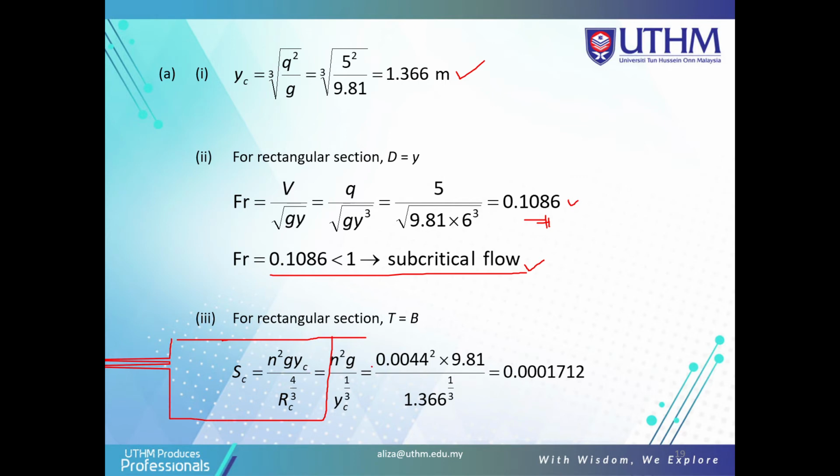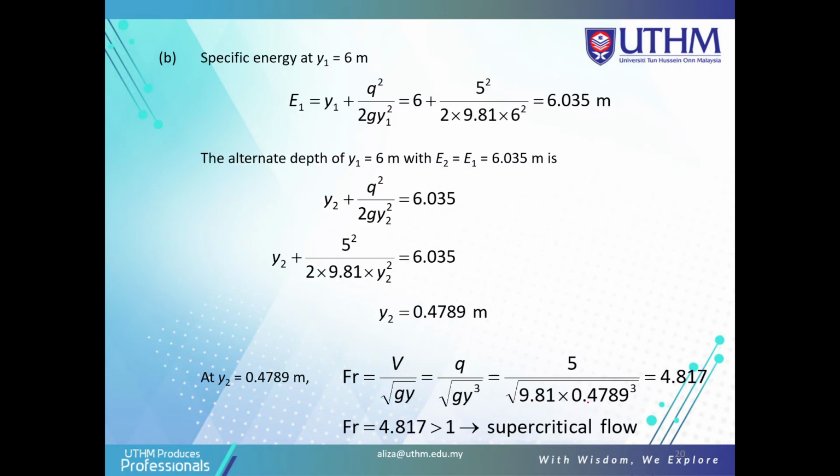We put the values here, based on the YC and the R, because we know that T is equal to B. So put 0.0044 to the power of 2, times G 9.81, and divide by YC, 1.366 to the power of 1 over 3. You get the value of 0.0001712, the value of the critical slope. Now we look at B.